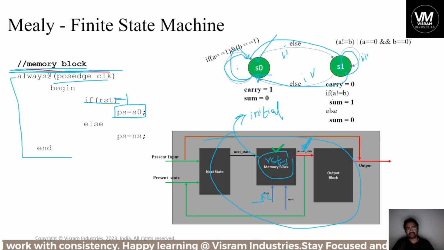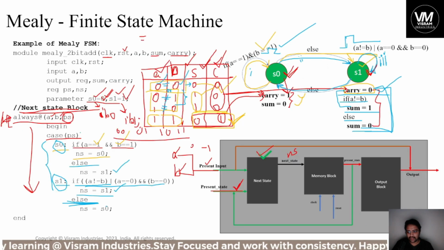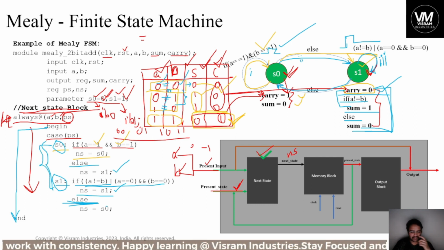Okay, Mealy FSM in a loop. Else means reset not equal to 0, then PS is equal to end. I also insist you follow the syntax conditions. Whenever you write begin, don't forget to write end, and for case, you should mention all these conditions perfectly, or else the next state has no meaning.